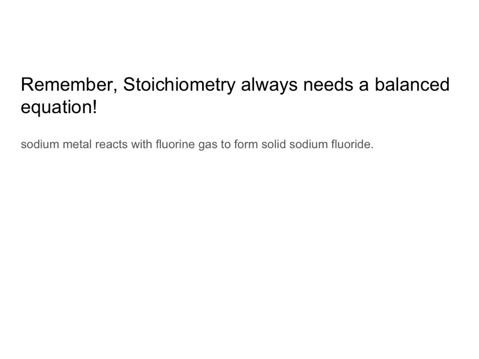So, first thing that we need to remember is that we always start a stoichiometry problem with a balanced chemical equation. So in this case, the balanced chemical equation says sodium metal, so that's solid, reacts with fluorine gas, that is a Brinkelhoff diatomic molecule, so it's going to be F2, to form solid sodium fluoride, which is going to be NaF solid.